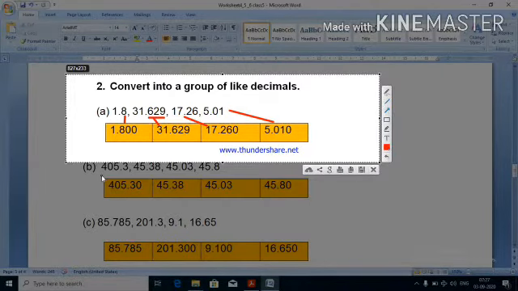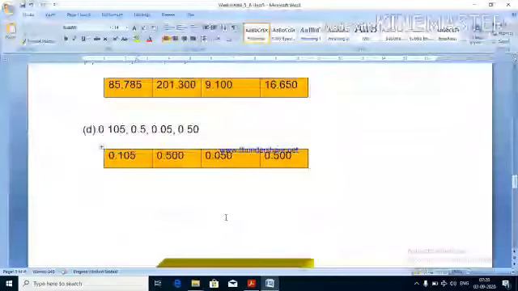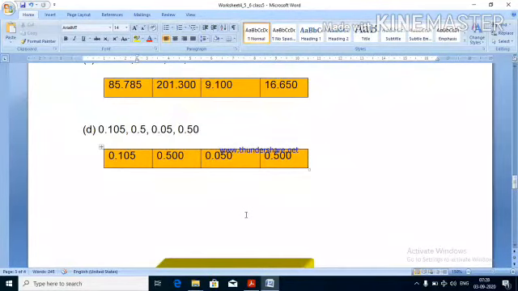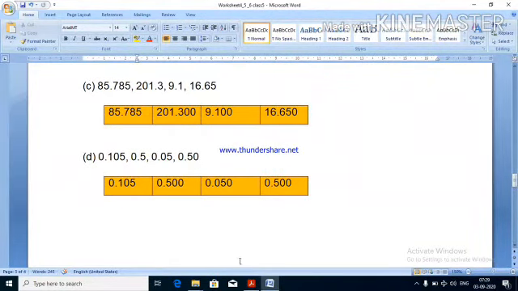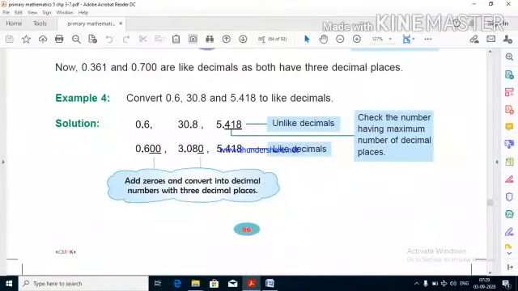In the same way, in the next question also, in B and C, the same thing for making the like decimals. Okay, now come to your worksheet 6.